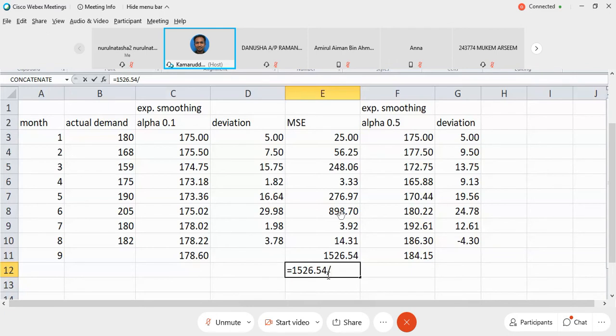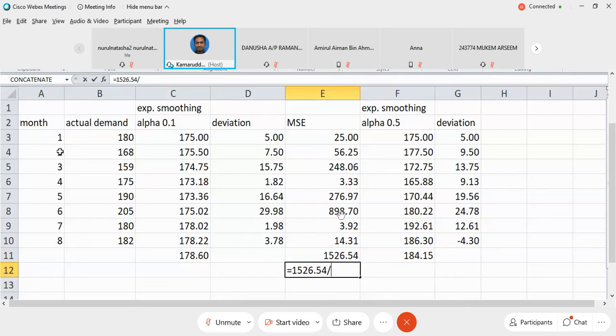Based on this value, 1526.54 is divided by n, the number of data that we have.